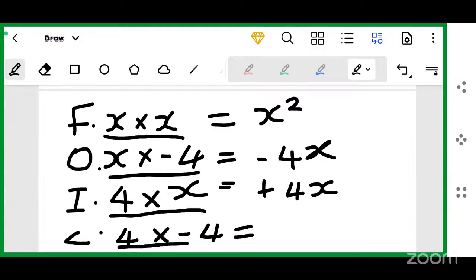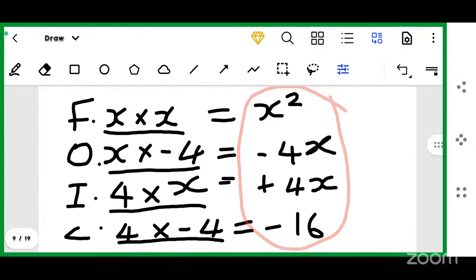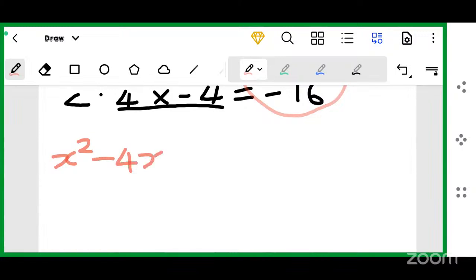And you have the last one, which is 4 multiplied by negative 4, which is negative 16. So what's left to do now is to combine this. Finally you're going to have x to the power of 2 minus 4x.